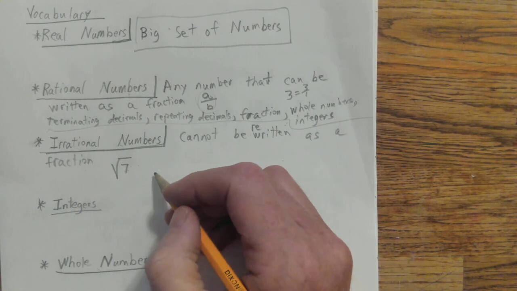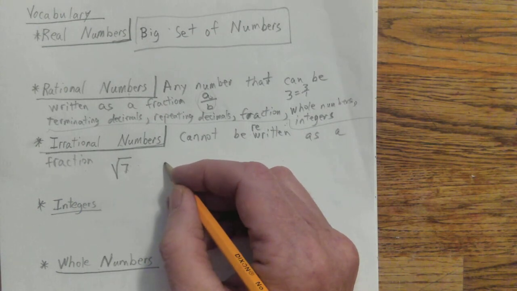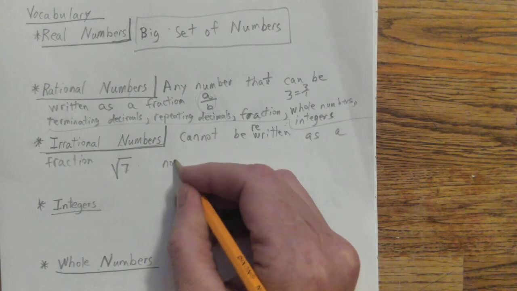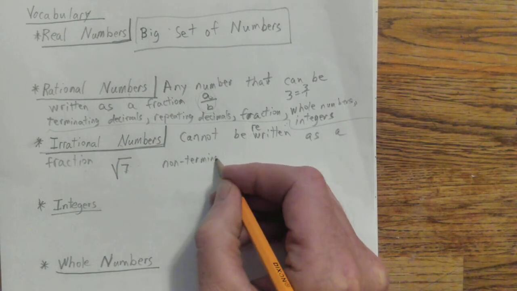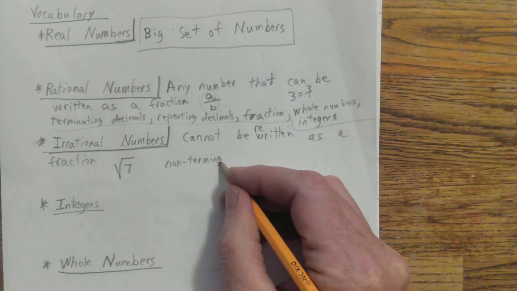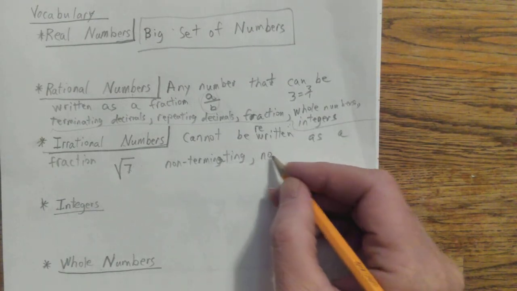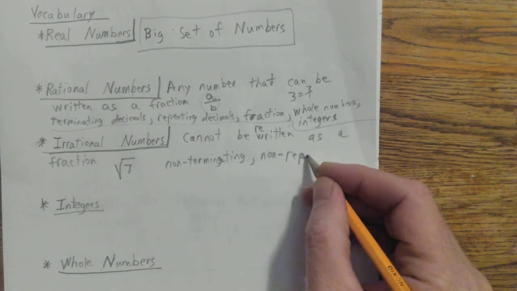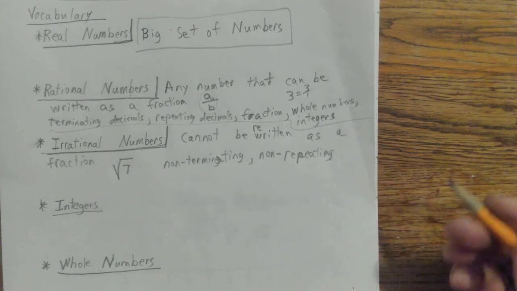Where you get that decimal afterwards, okay, it is a non-terminating, non-repeating decimal. So there's not just a bar that you can write over the thing, because the same set of digits repeats all the time.